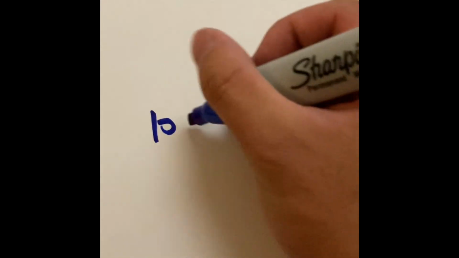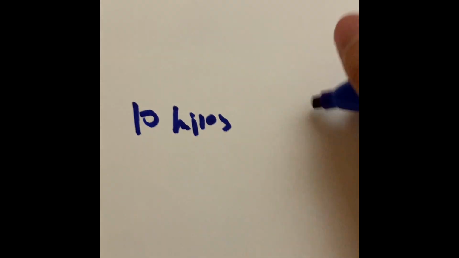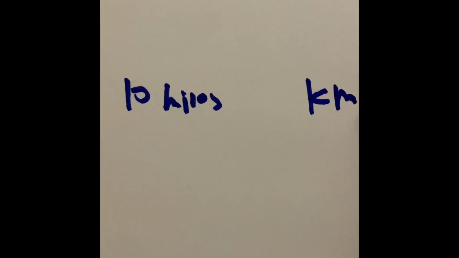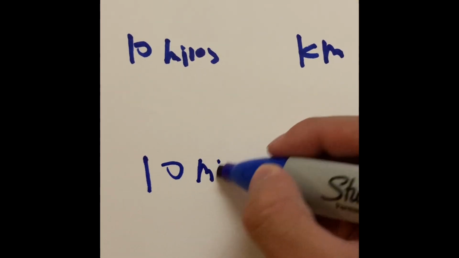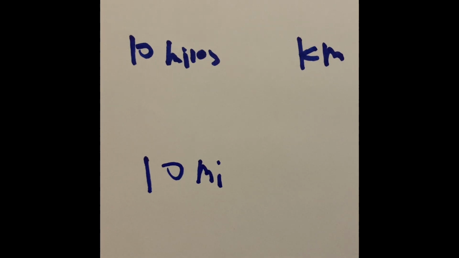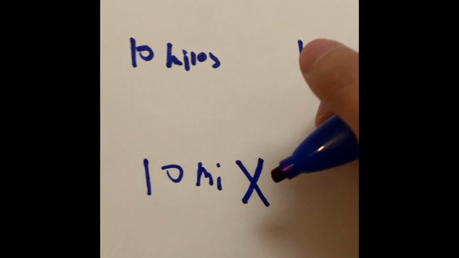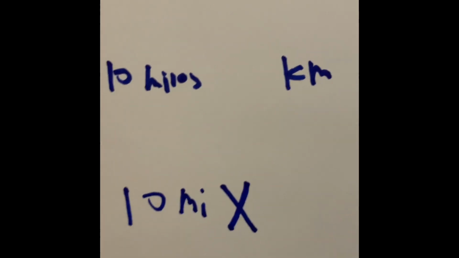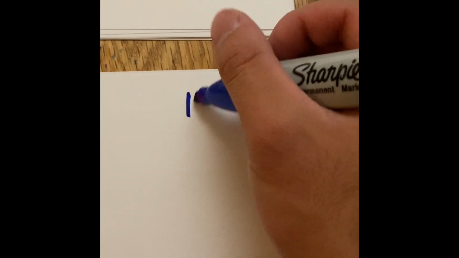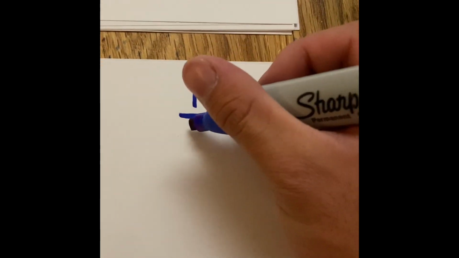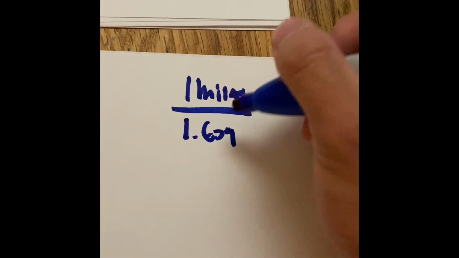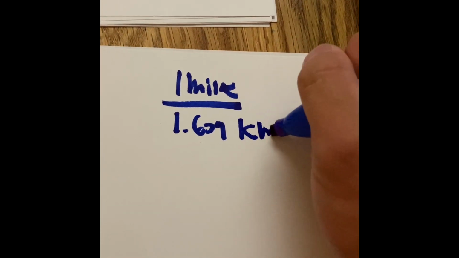Let's say we want to convert 10 miles to kilometers. We put 10 miles here, because that is what we're given. We have to multiply by a conversion factor. 1 mile is equal to 1.609 kilometers.